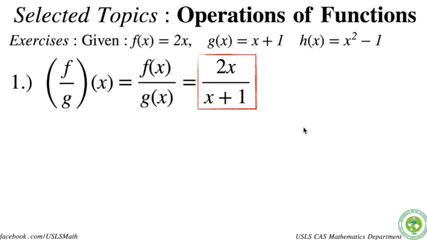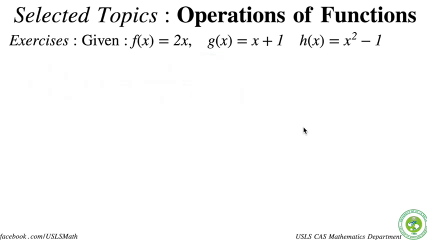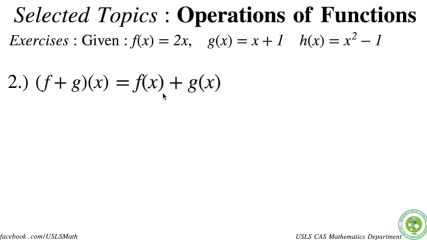Okay, so for number 2. Number 2 gives us f plus g of x. So again, that's addition of functions. That's going to be f of x plus g of x separately. So f of x is 2x again, g of x is x plus 1. Substitute them with a plus sign. Again, it's much better in practice to put them first in parentheses. Okay, and then we'll do our simplification. We would like to combine like terms here.